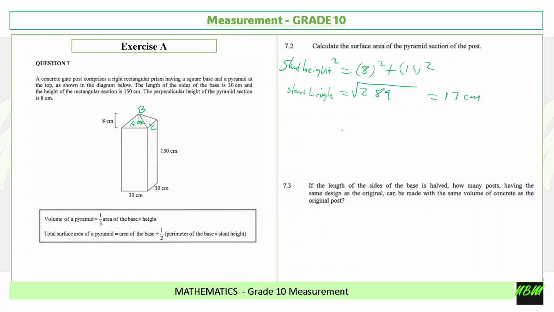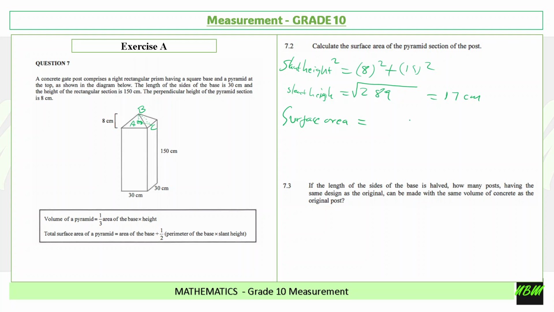So now we are ready to calculate the surface area of the pyramid section. Then we can now say surface area will be equal to, let's start first with the surface area of a pyramid.